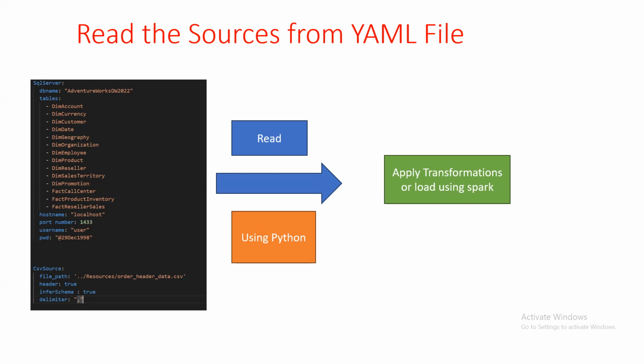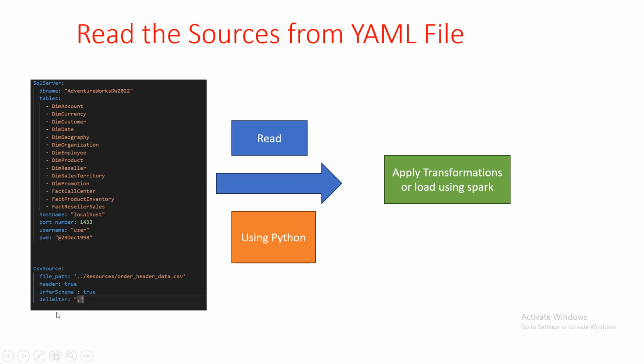These are the tables I need to target: dim account, dim currency, dim geography, dim product, and a couple of fact tables as well. They gave the host name localhost, the port, username, and password. For now I'm giving the username and password directly, but in a project they will follow some kind of hierarchy so that it won't be exposed outside.